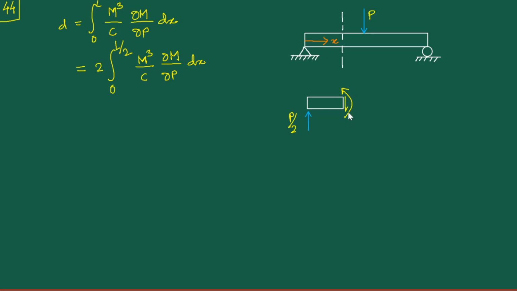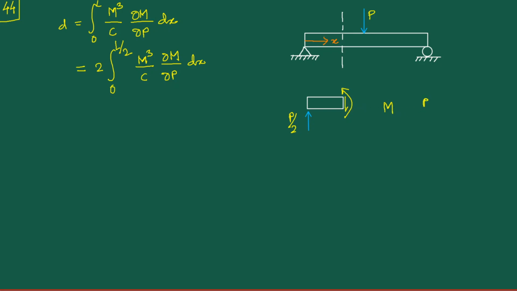This is the shear force, and this expression of the bending moment, this m, is in the anti-clockwise sense, and the moment contributed by this p by 2 about an axis passing through this end will be equal to p by 2 times x.